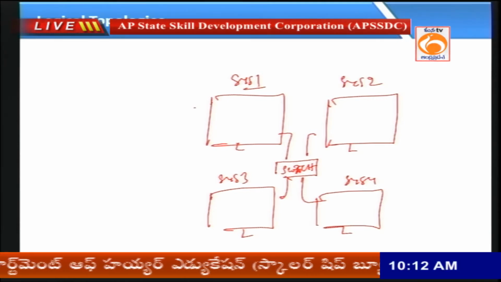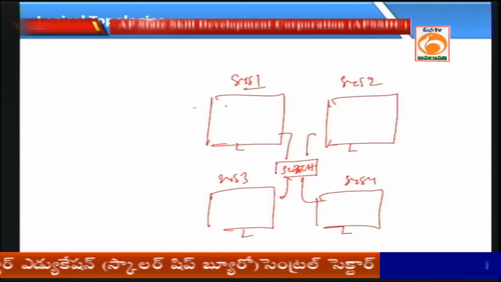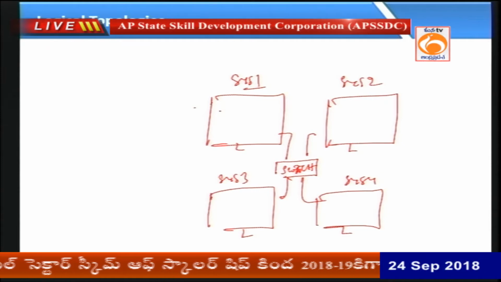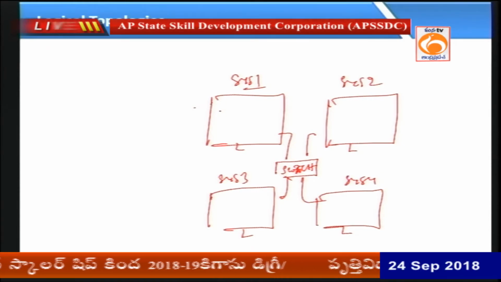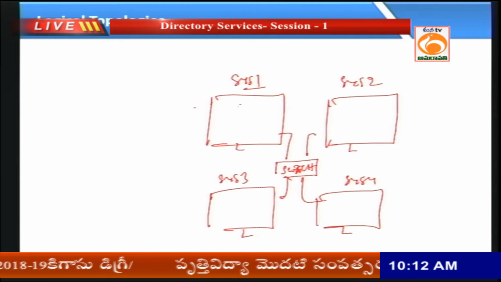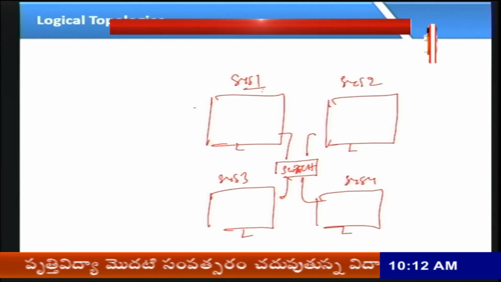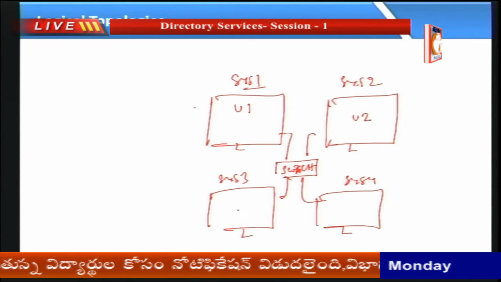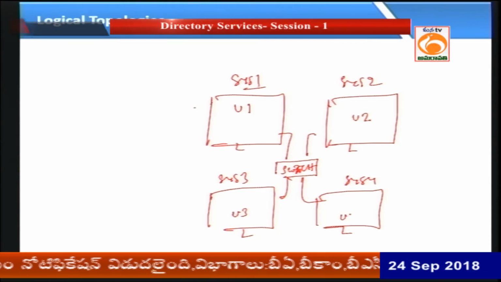For the time being, I will create the users. Generally, the username will be the employee name, like John, Smith in the previous example. Here, I will take simple names like U1, U2, U3, U4.